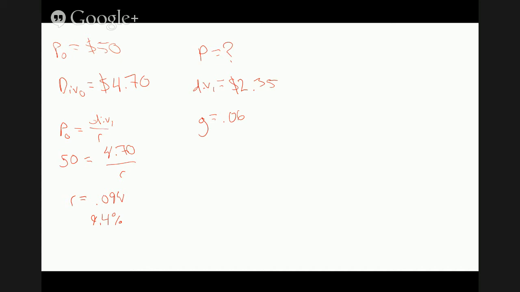Knowing this information, we now do a new valuation of this share price. P will equal the new dividend, 2.35, over R, which is 0.094, minus the declared 6% growth rate.